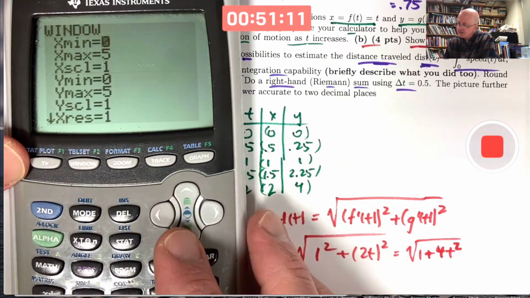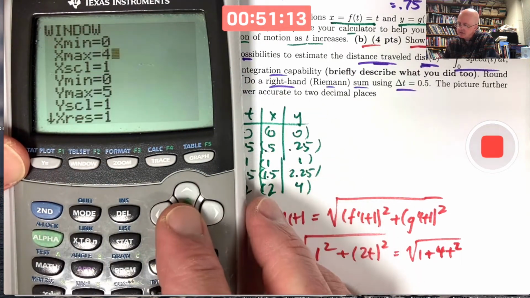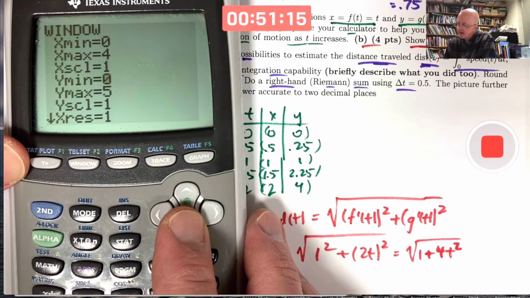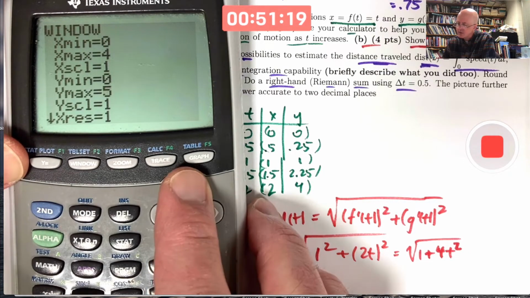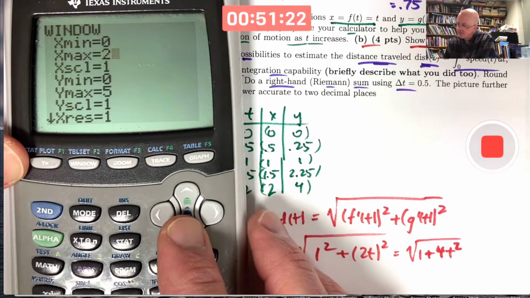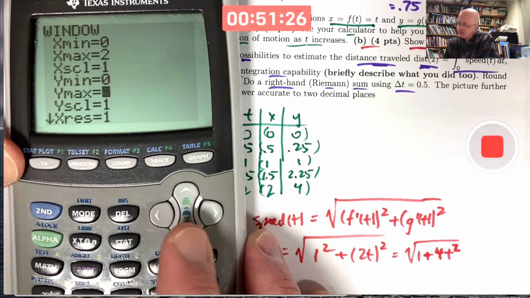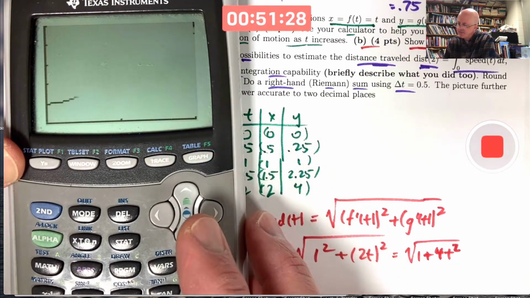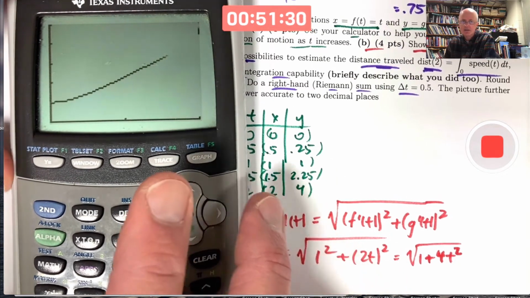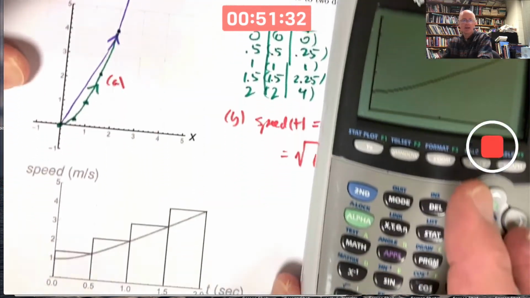The window is from 0 to 4. How high does this function go? I don't think it goes above, no, 0 to 2, excuse me, for x, which is the same as for t. Yeah, it doesn't go above 5. So here's the graph of the speed. Same graph that I had down here.